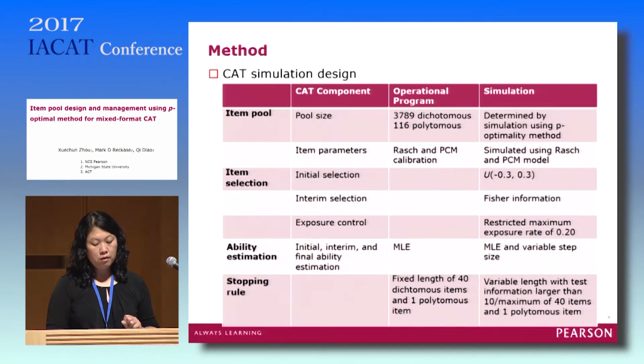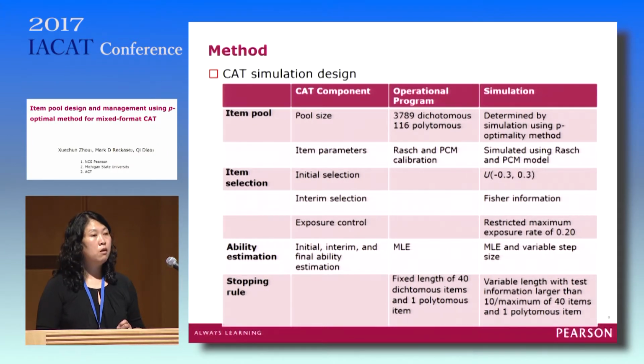In terms of ability estimation, for the operational fixed form, maximum likelihood estimation is used. For the simulated CAT pool, they used variable step size until we observed both incorrect and correct responses in the response vector, and then MLE is used.